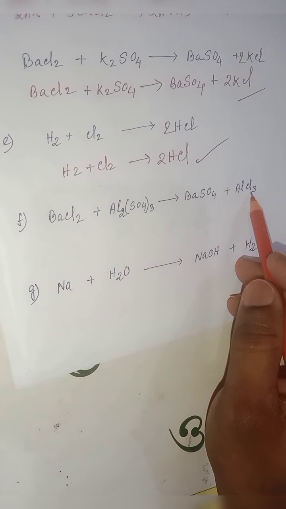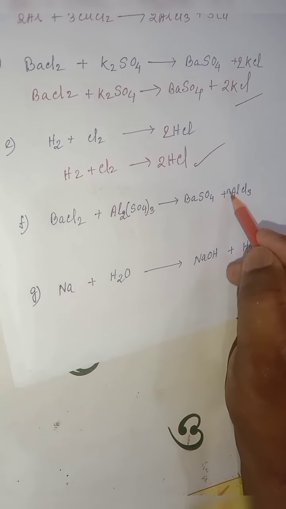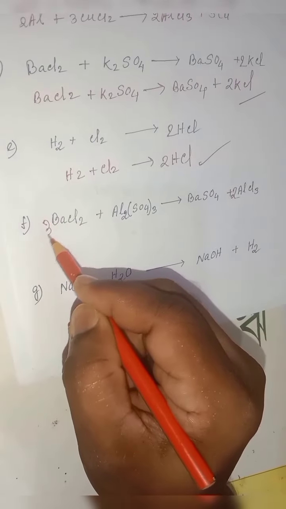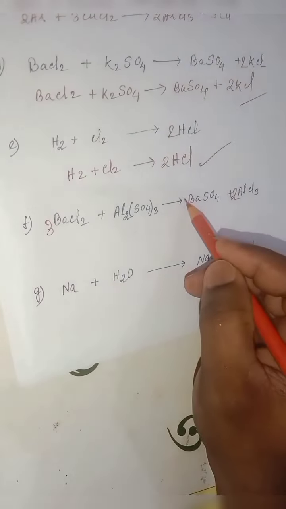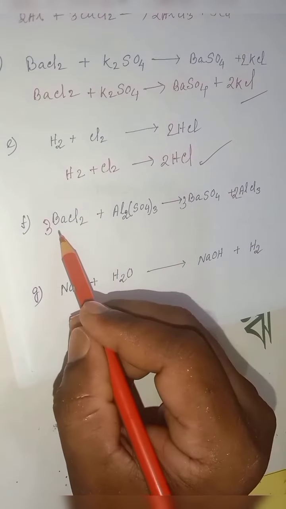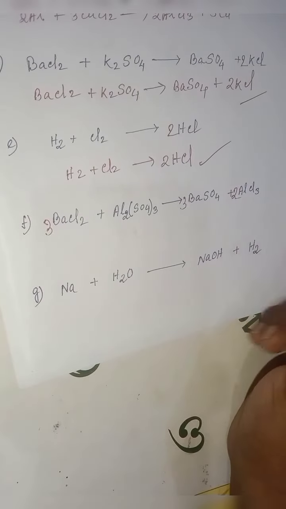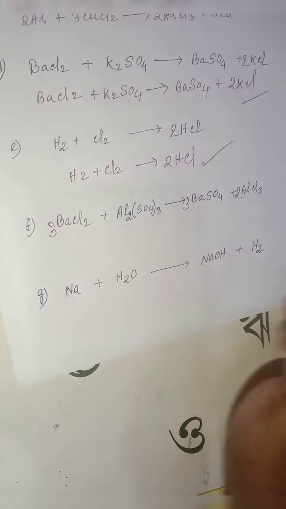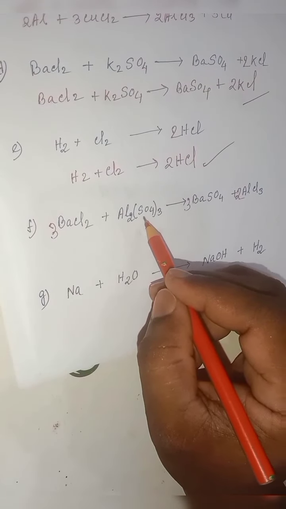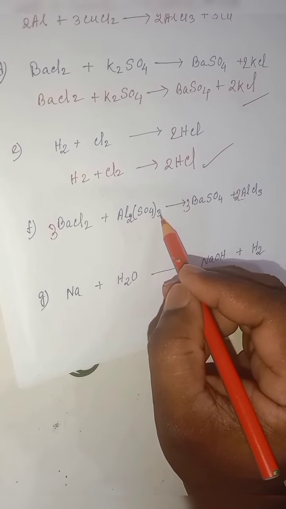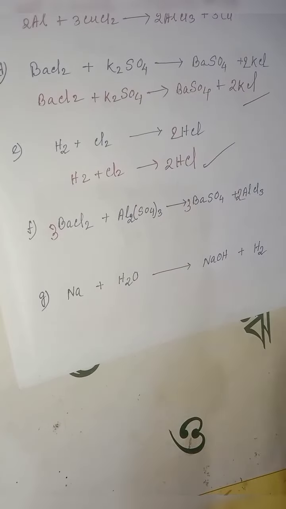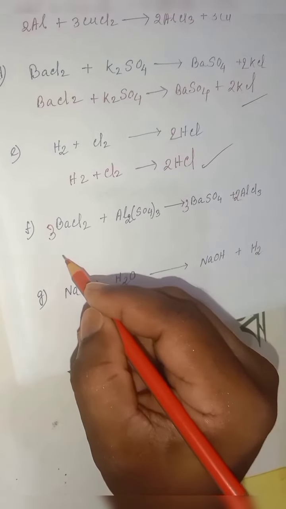That is an odd number, so multiply by 2, making chlorine 6, and multiply by 3 for the left side. Barium becomes 3, so change the barium to 3. Number of chlorine 6 and 6, balanced. Number of sulfur 3 and 3. Number of oxygen: 4 into 3 is 12, and 4 into 3 is 12, balanced. This equation is balanced.